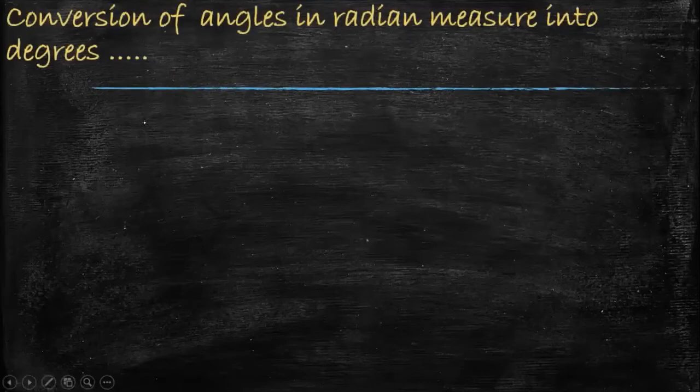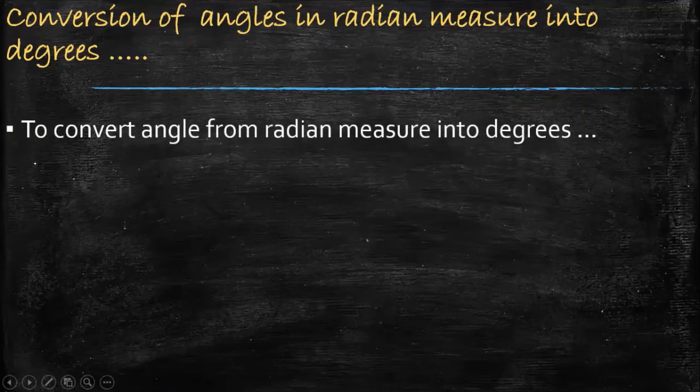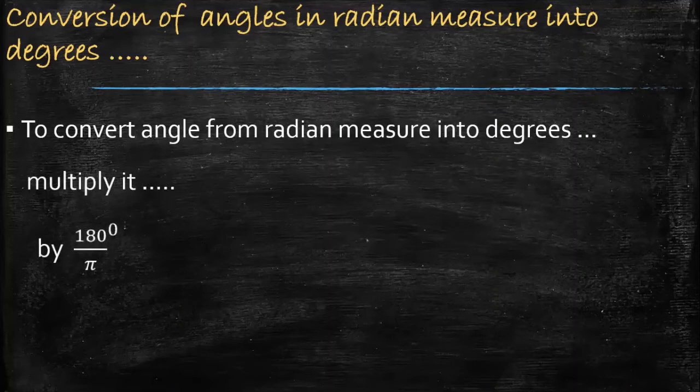In the same way, let us move on to converting angles in radian measure into degrees. As we have seen earlier, what should we do to convert an angle from radians into degrees? Multiply it by 180 by pi.